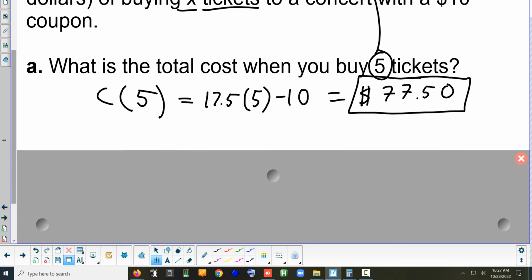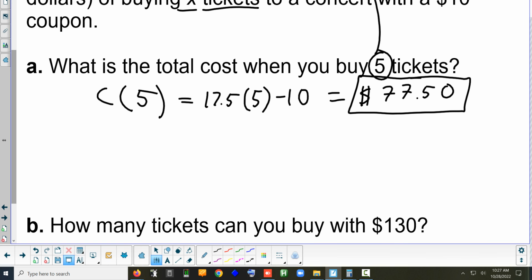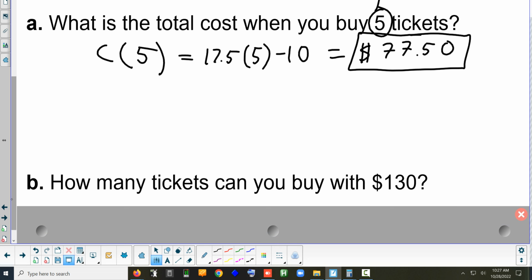All right, so now part B. It's a little different. They're asking how many tickets can you buy with $130? So they're giving me a number. What does that 130 represent?